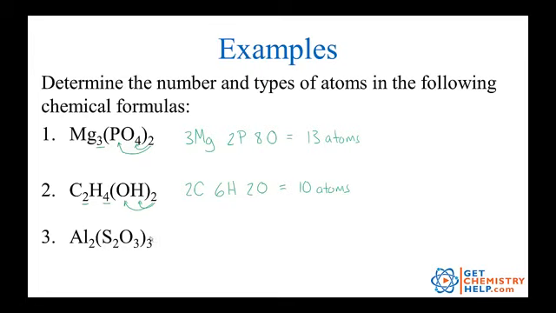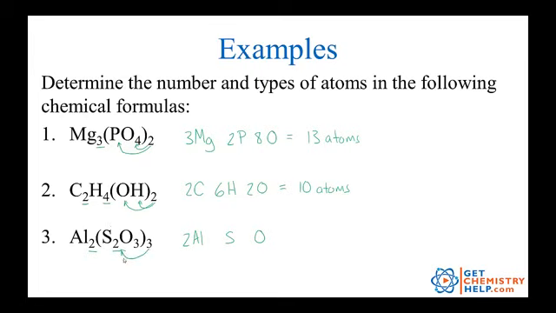Okay, last one. Al2S2O3 taken 3 times. So we have Al, that's aluminum, sulfur, that's S, and O, that's oxygen. How many aluminums? Well, 2. How many sulfurs? Well, there's 2, but again, it's inside parentheses, so we multiply that by the number outside.